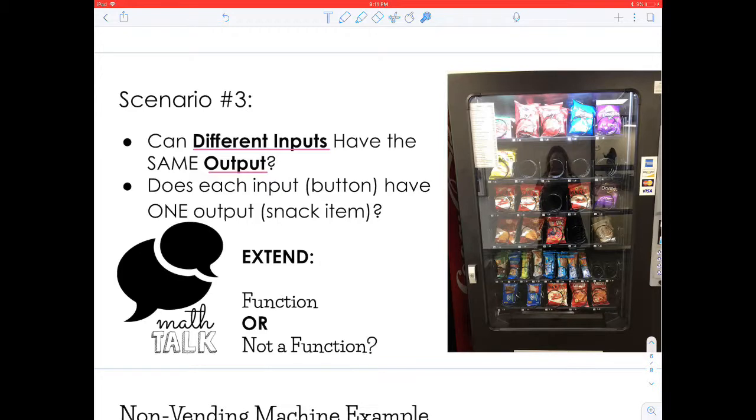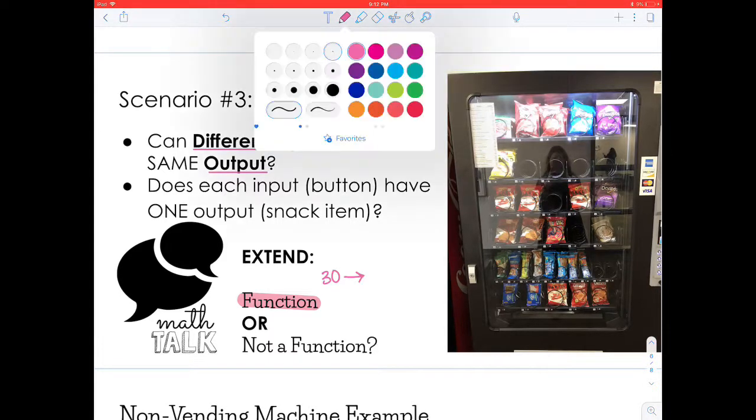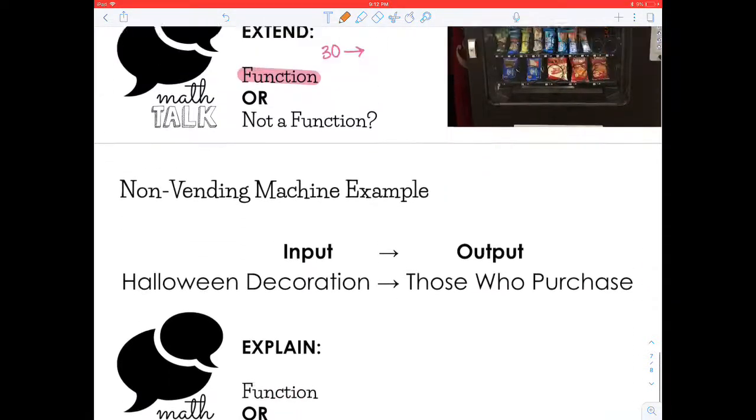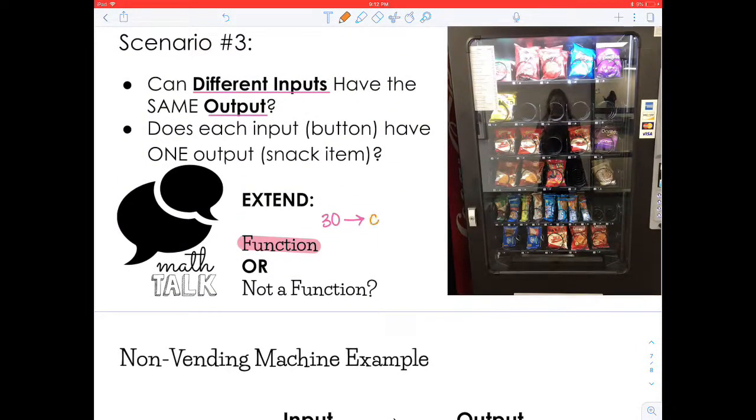Okay, if you said function, you are correct. This is a function. If I press, it looks like button 30 as my input, I get those Cheetos as my output. Okay, same thing.